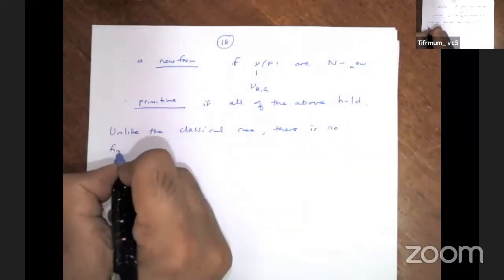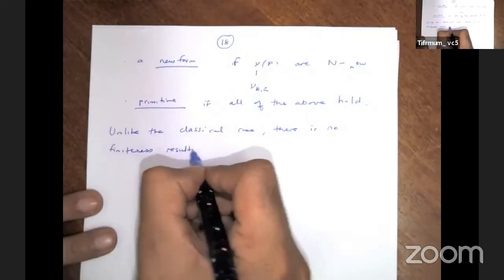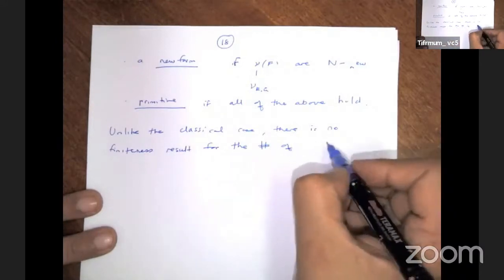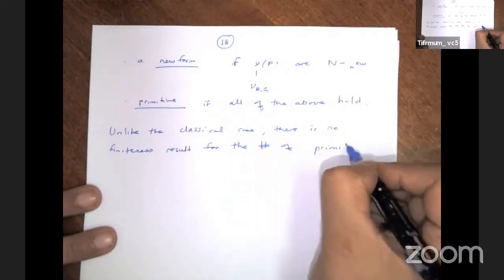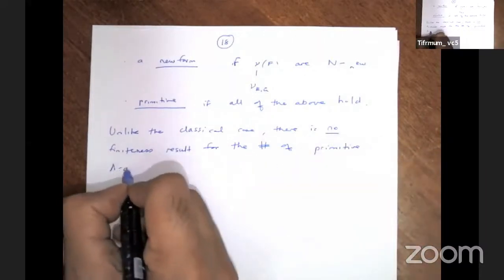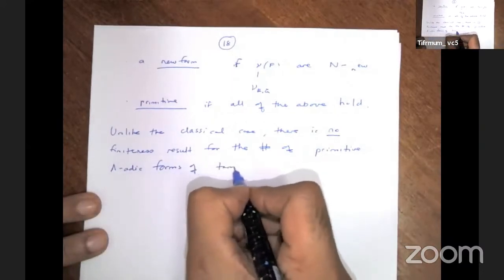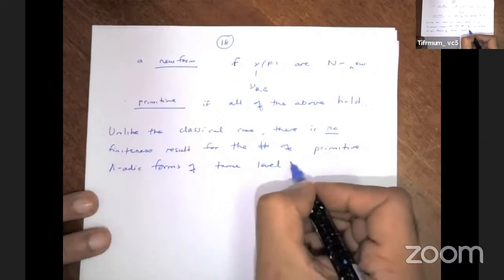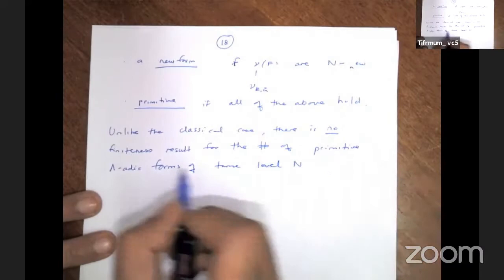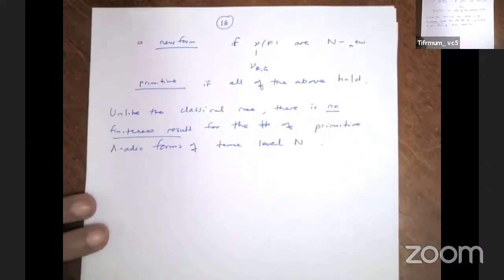But let me just say there's no finiteness result for the number of primitive Lambda-adic forms of tame level n in some character. You can take all the characters together because anyway it's a finite set. No finiteness result for the number of primitive lambda-adic forms. Okay, so this is a bit of a problem.